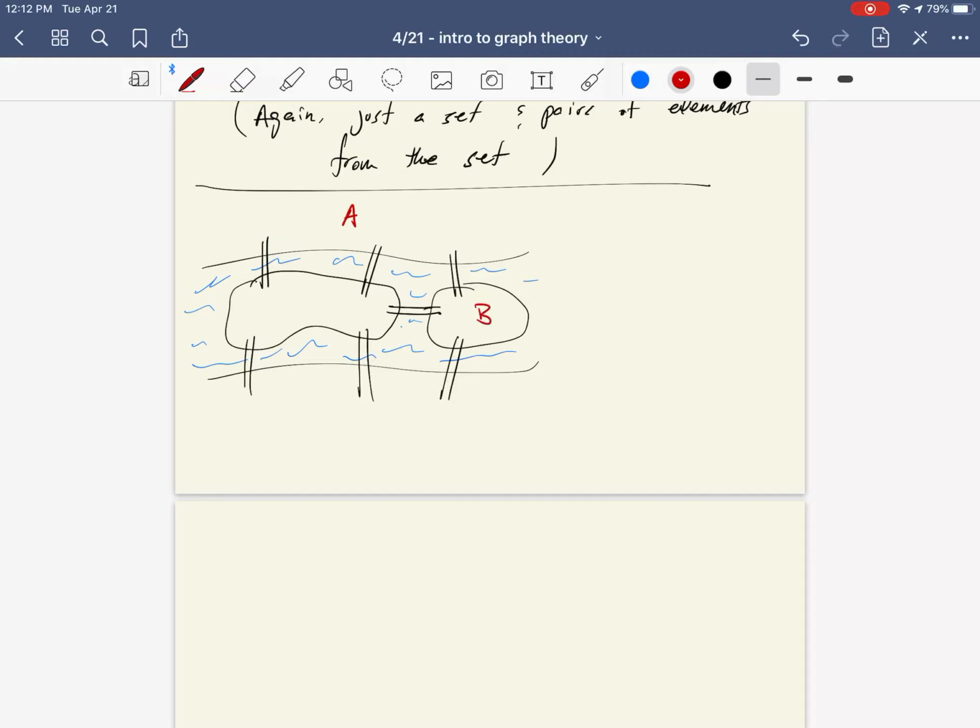Now they're just what we call nodes, or vertices. And now bridges are going to be edges, right? So now A and D are connected by 2 bridges. D and C are also connected by 2 bridges.